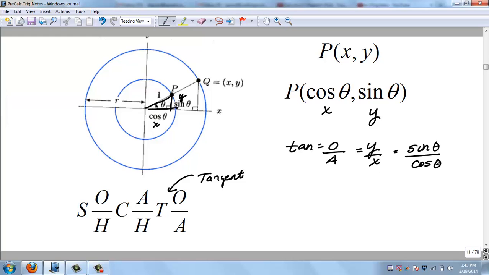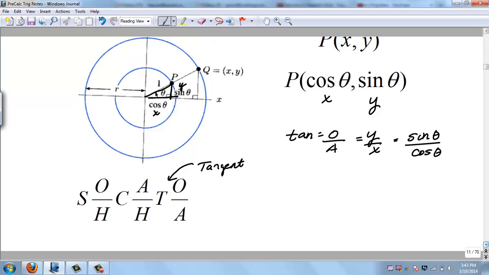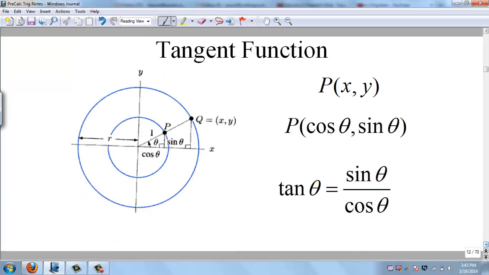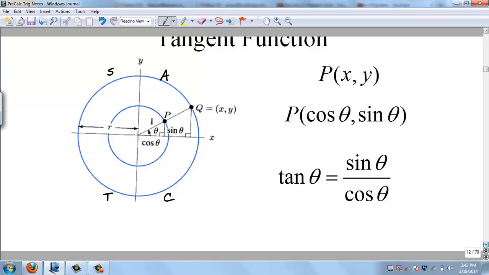Okay? Now, the one thing I do want to show you about tangent is that usually people have to memorize it, because I know you remembered last year with all the values that all students take calculus to look for the signs. But I want to give you a little different perspective on tangent.